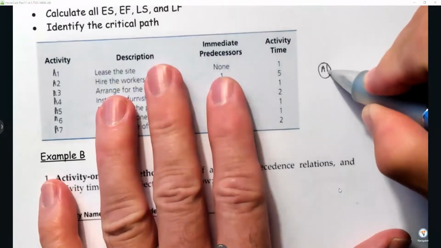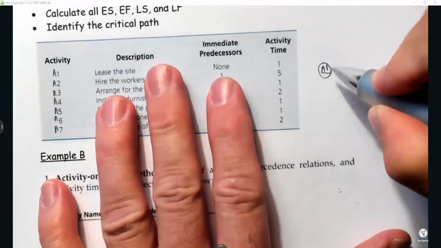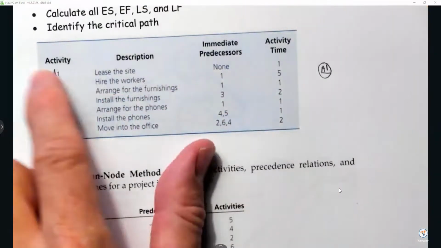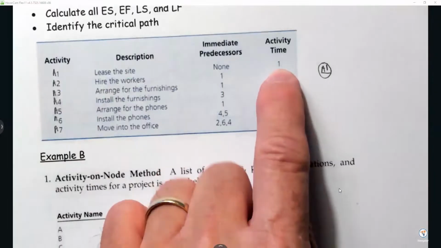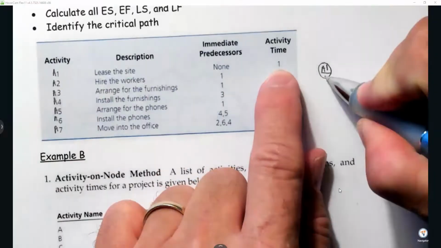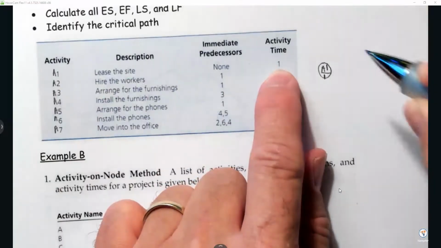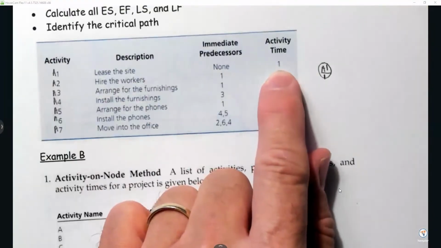I'll write this bigger in a minute. A1, and how long does A1 take? It takes 1 day, 1 hour, whatever. So A1 is 1. All right, I have that one taken care of.